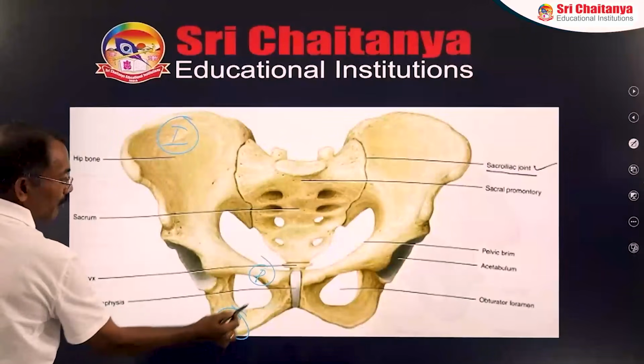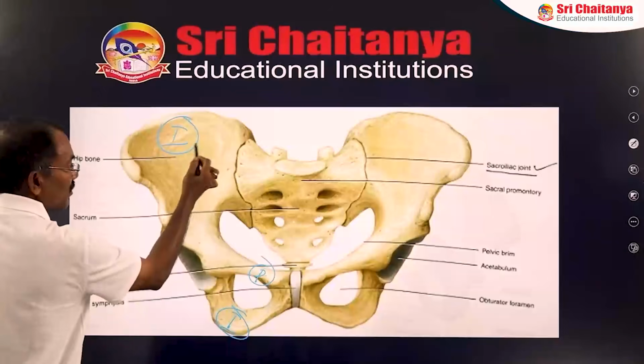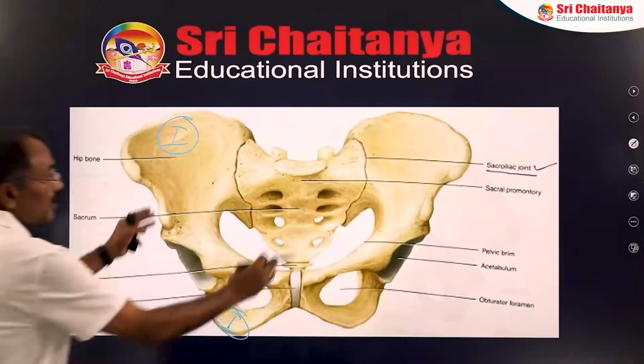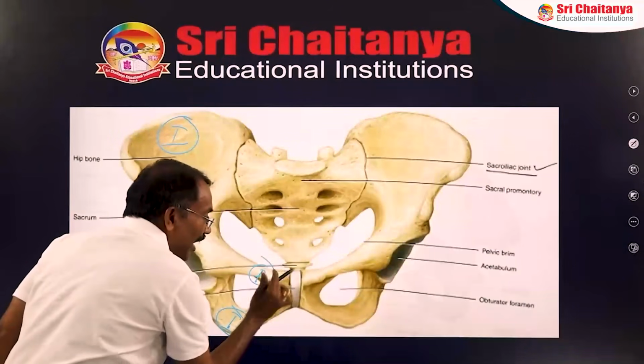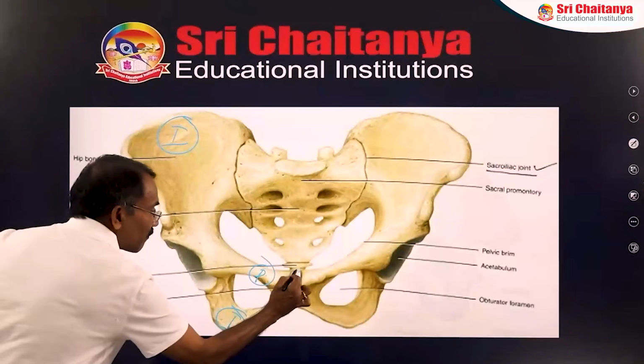Ilium, ischium and pubis, these 3 bones are fused to form a single bone called coxal bone or hip bone. The 2 coxal bones are articulated ventrally by the pubic symphysis.